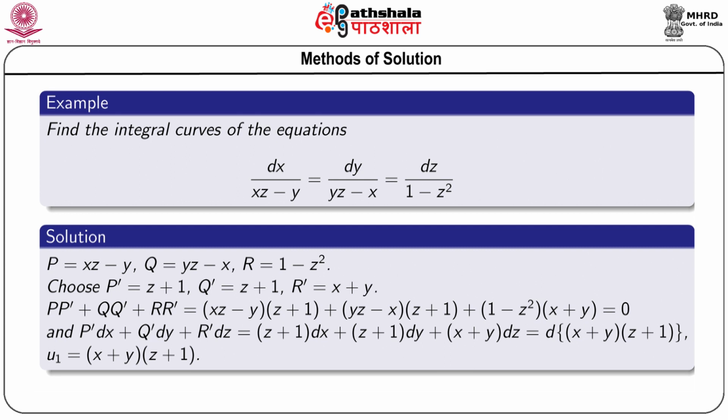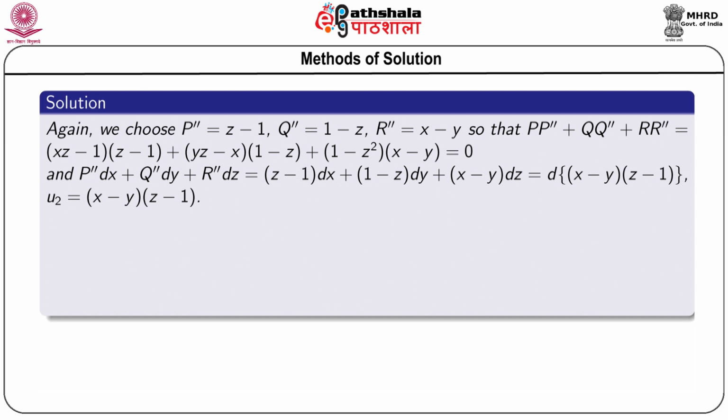Now, to find the general solution of this equation, we need two integral curves. So, we again choose three functions p double dash, q double dash, r double dash in this way, and we also see that it satisfies the relation p double dash plus q double dash plus r double dash equals 0. Not only that, with this choice of p double dash, q double dash, r double dash, this quantity becomes an exact differential.